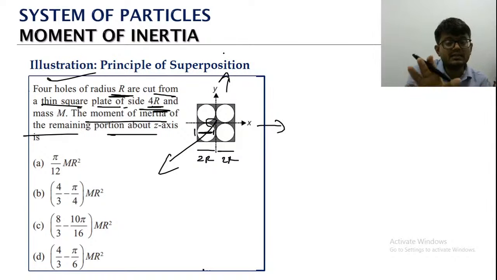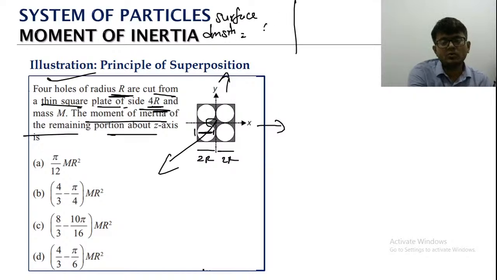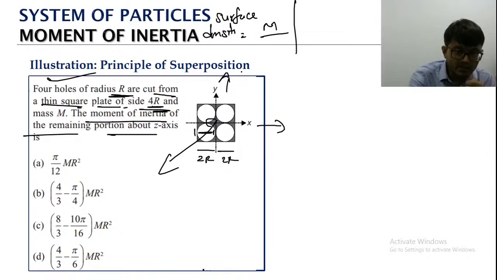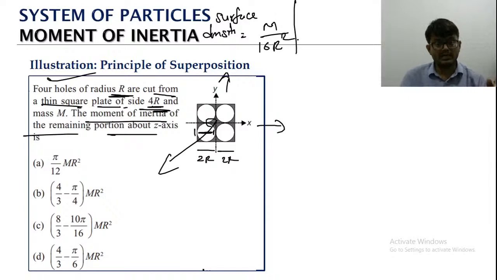Here we are dealing with mass spread on a 2D surface, so we will first separately calculate the surface density. Total mass m divided by the surface area. The side length of the square is 4r, so we have to divide by 16r square. That is the total area.